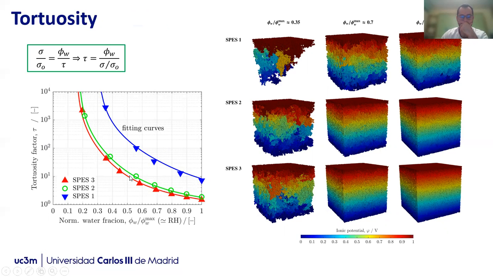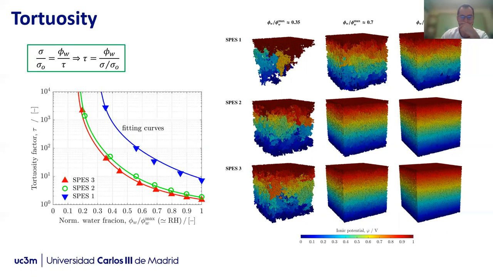So this is one important thing: in order to design membranes that can work at low relative humidity, which is terrible for performance, it is important to design membranes with low tortuosity factor.